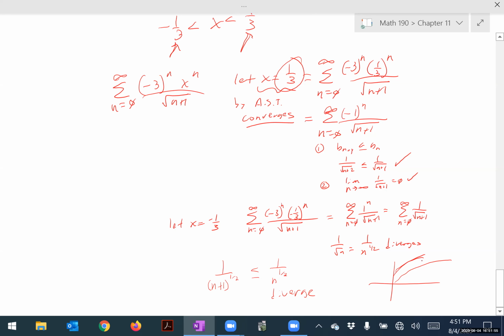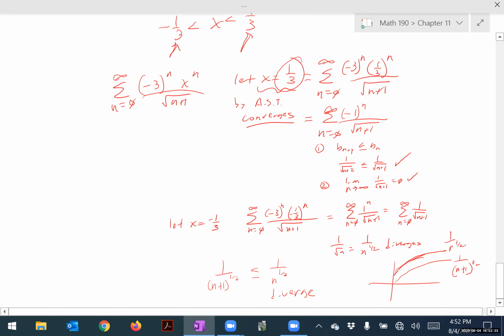The top would be 1 over n to the 1/2. The bottom one, slightly smaller, would be 1 over (n plus 1) to the 1/2. And it goes the wrong direction.